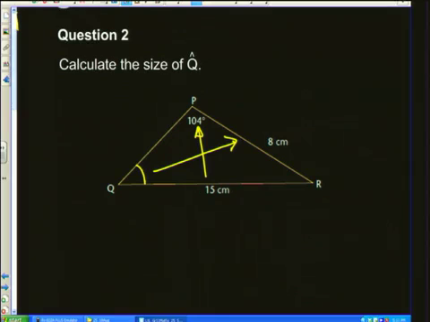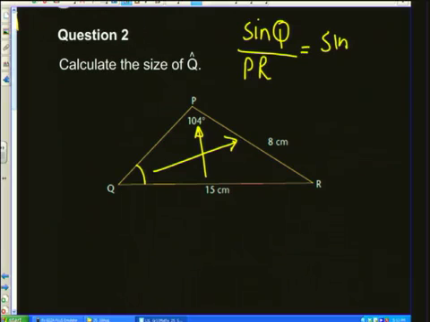So what I don't know is sine Q. So start off with that. I don't know Q, so I'll start with sine Q. He's found opposite PR, and that will be equal to the other pair of angle and side, which is sine P over QR.